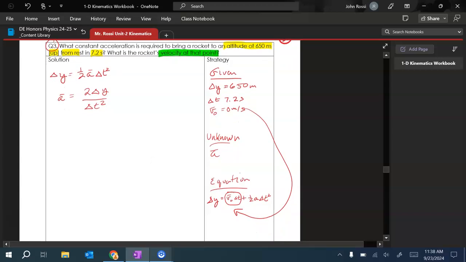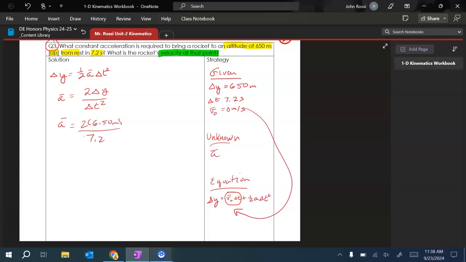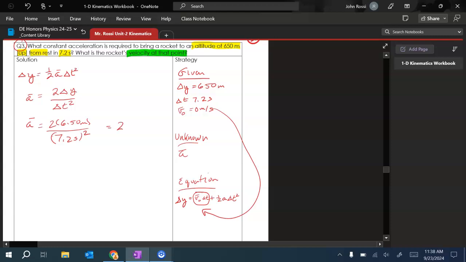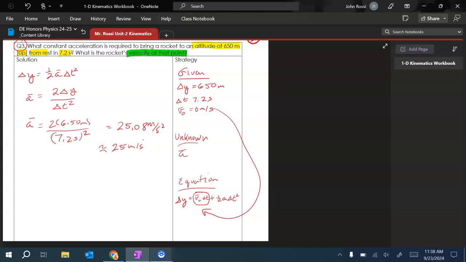All right, so now I'm going to plug those values in for acceleration. It's going to be 2 times 650 divided by 7.2 squared. Don't forget to square. And my acceleration is 25.08 meters per second squared. That's going to round to about 25 meters per second squared.